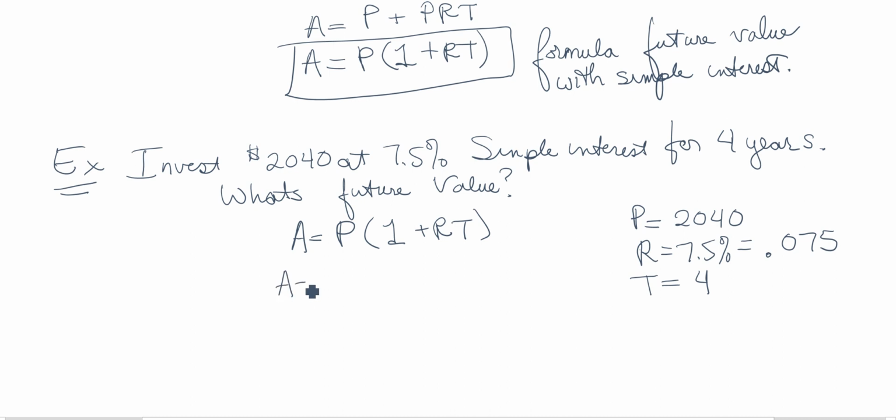So I get A equals 2,040 times parentheses 1 plus 0.075 times 4. If you enter this in your calculator, you can do it all at once. You just have to make sure that you use your parentheses keys. I would type that all in and get $2,652.